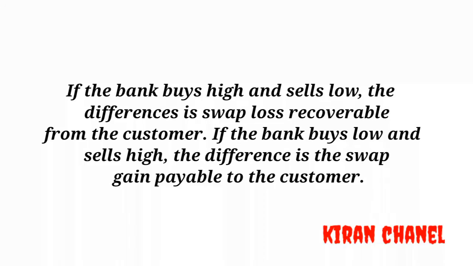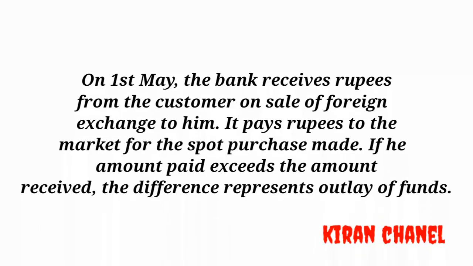If the bank buys high and sells low, the difference is swap loss, recoverable from the customer. If the bank buys low and sells high, the difference is the swap gain payable to the customer. On 1st May, the bank receives rupees from the customer on sale of foreign exchange to him. It pays rupees to the market for the spot purchase made.